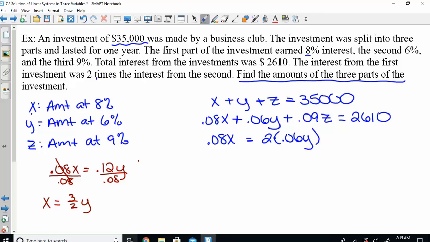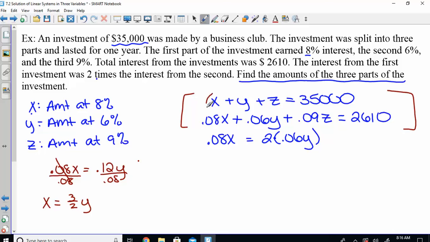Okay, let's take the first and second. I would like to eliminate a variable. If I'm looking at this equation and it involves x and y, it doesn't have a z, so let's eliminate the z from these.